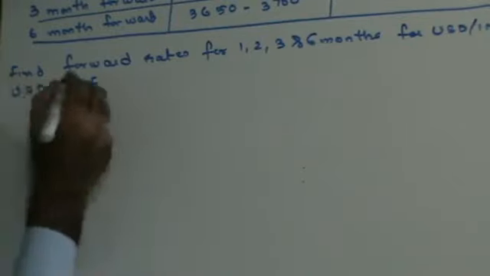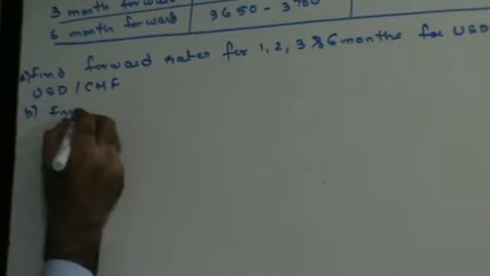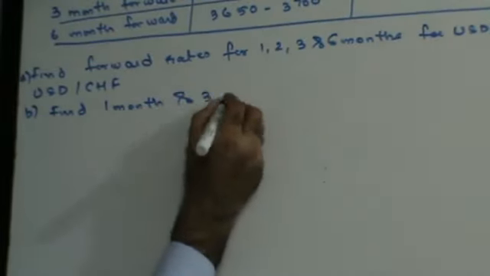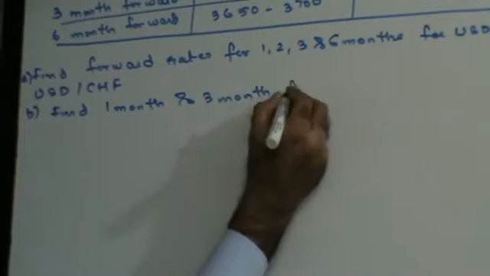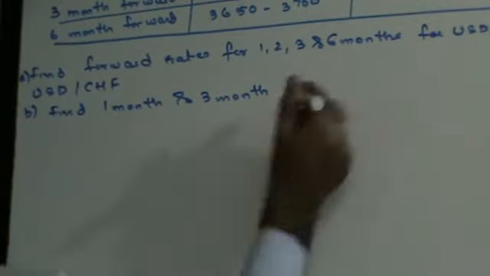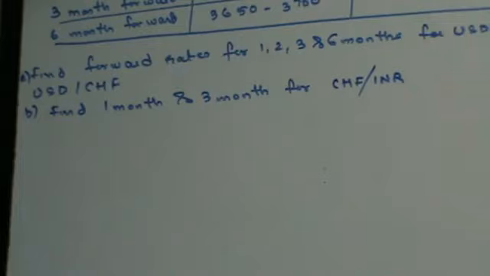Besides that, they've also asked you to find out 1 month and 3 month forward for CHF INR. That is the A part of the question. Second, find 1 month and 3 month forward for CHF INR.